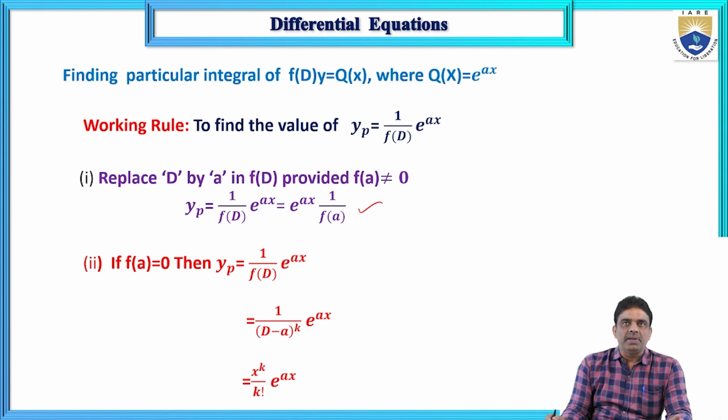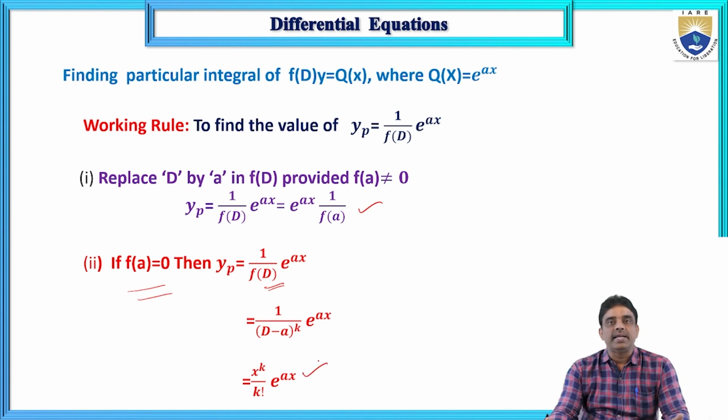Suppose if you replace D by a, and f of a is equal to 0, then yp is 1 by f of D of e power ax. Yp means the particular integral of y. If f of D can be expressed in the form of D minus a whole power k, then 1 by f of D of e power ax is x power k by k factorial into e power ax.